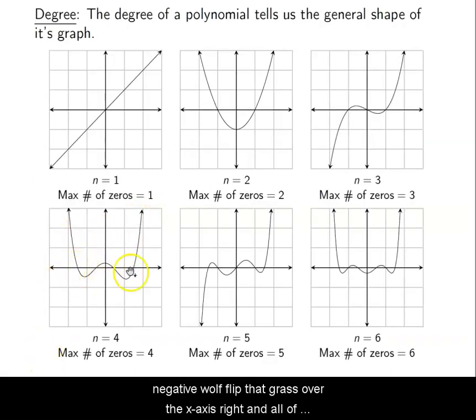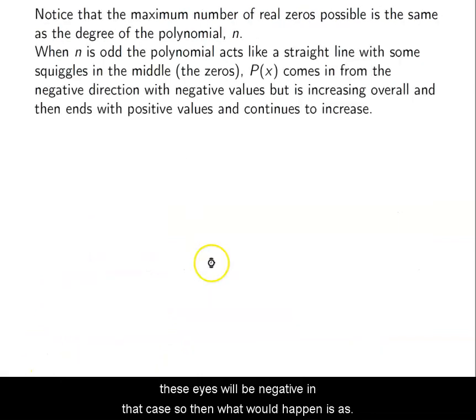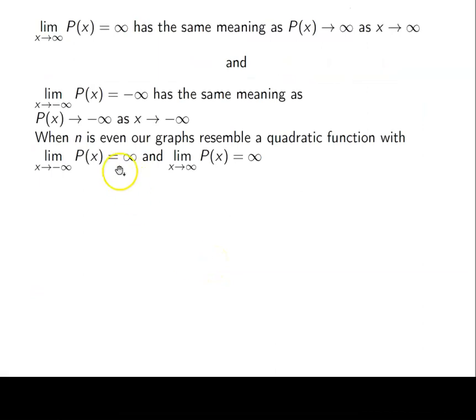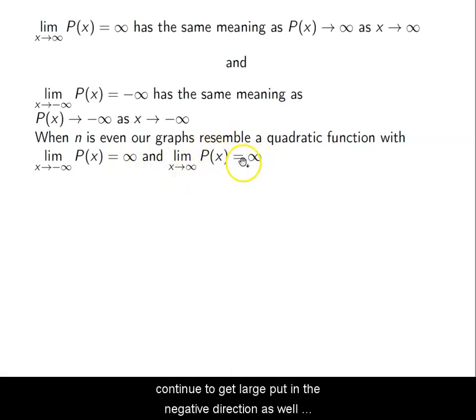And all of these values will be negative in that case. So as x goes large in the negative direction, I have negative outputs that keep getting bigger, and as x goes further in the positive direction, I have outputs that continue to get large but in the negative direction as well.